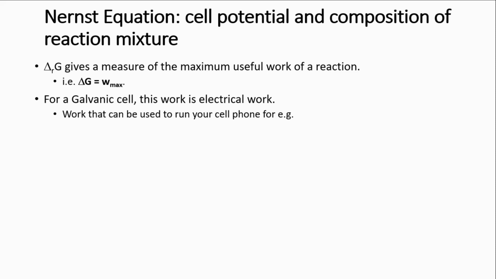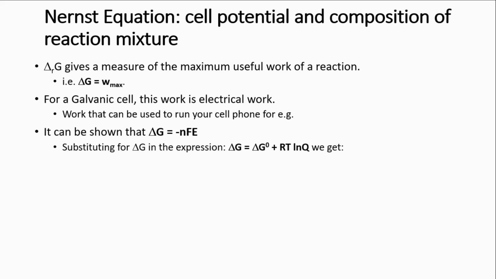So the electrical work from a galvanic cell can run your cell phone. Now, it can be shown that delta G is equal to minus NFE, where N is the number of electrons, F is the Faraday constant, and E is the potential.